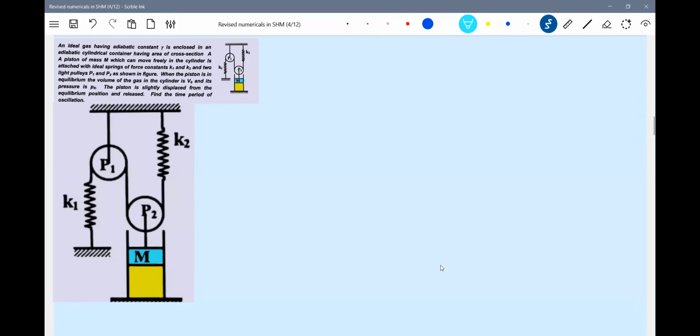This is a piston. So we'll assume that one. Let the displacement of piston be x. Elongation of the spring be x1. This will be x2. First, we should get the constraint equation. Then later on, the spring forces will act here. K1 x1, this will be K1 x1. This will be K2 x2. And here, how much of spring force? 2 K2 x2.